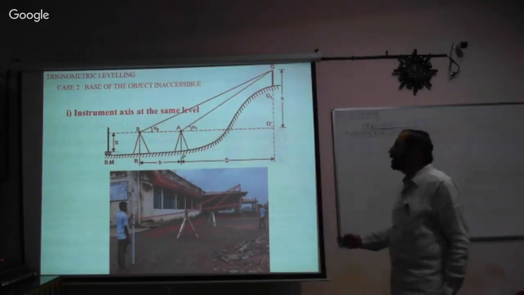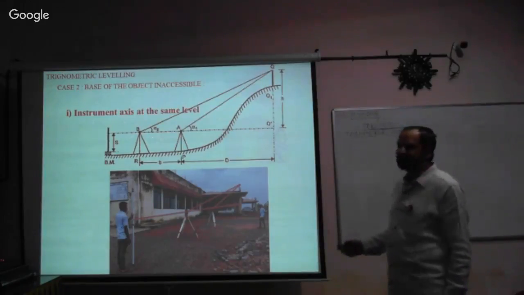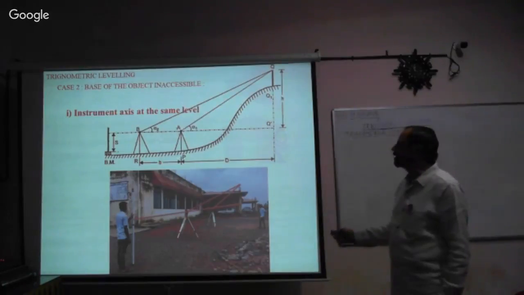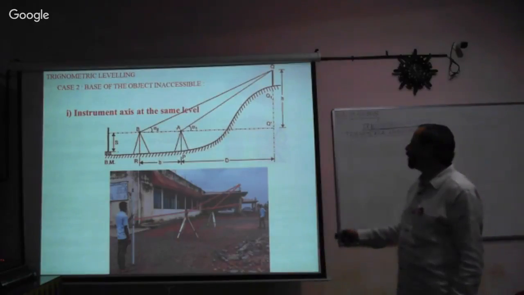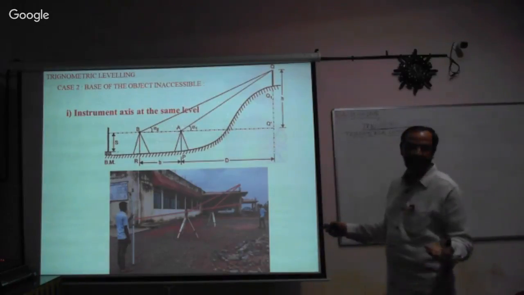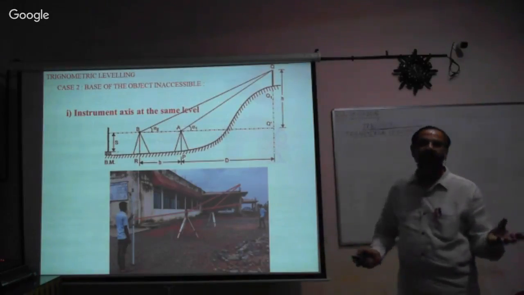Therefore, in this simple method, first install the instrument at one station near the object. Let us assume that it is station A, station 1, and measure the vertical angle. Perform all temporal adjustments. You know all those things.